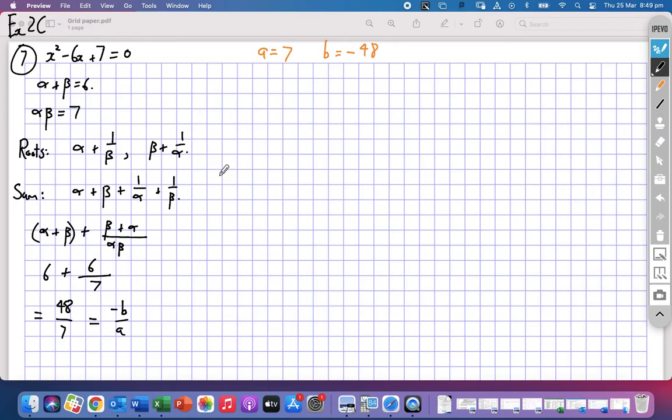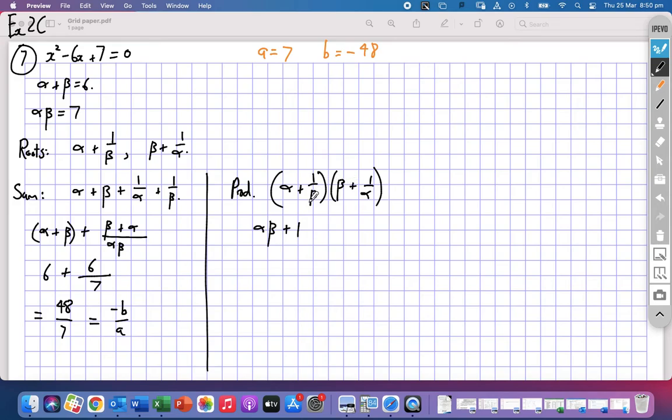So if we looked at the product of alpha plus 1 on beta, we want the product with beta plus 1 on alpha. Okay, so I'm just going to do FOIL. We get alpha beta plus alpha times 1 on alpha. That's going to be alpha on alpha. That's 1. 1 on beta times beta.